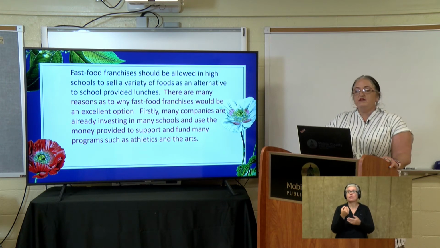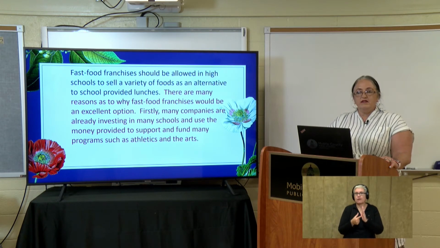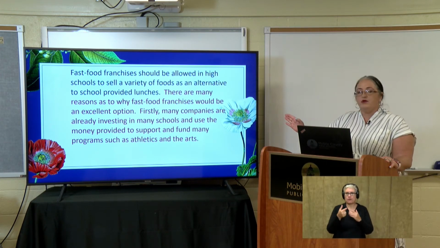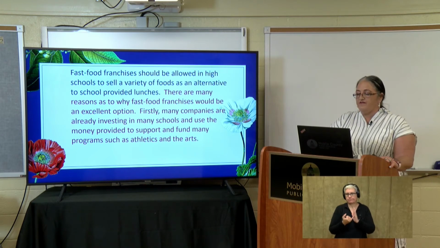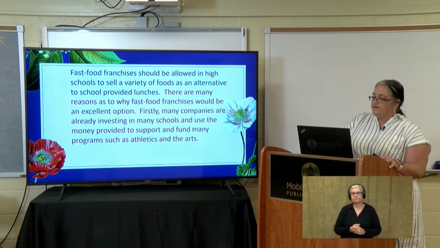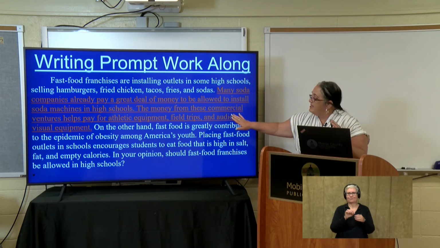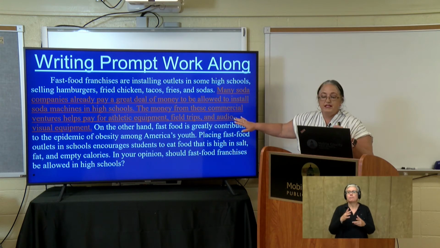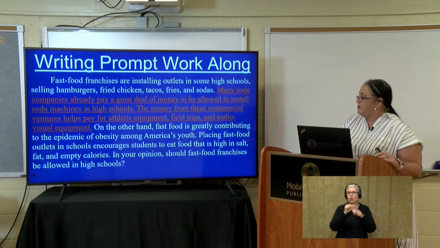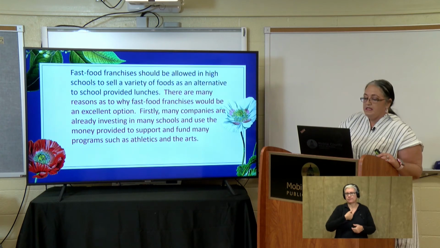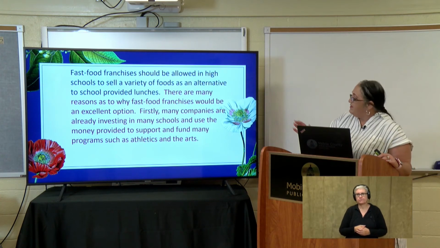So that's basically using the information, rewording it a little bit, and punching it into our paragraph as our first piece of text. We have used, from our work along, this right here already. We haven't directly quoted it, but we have reworded it and made it into our own. And we've come up with this.